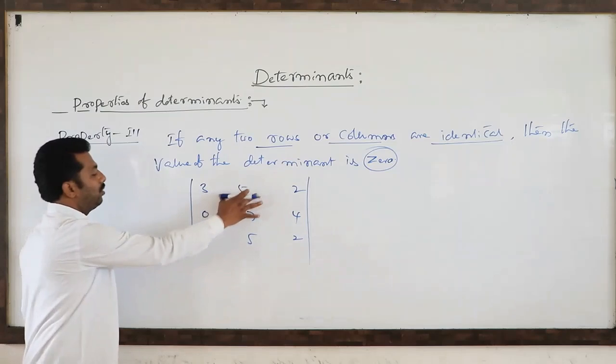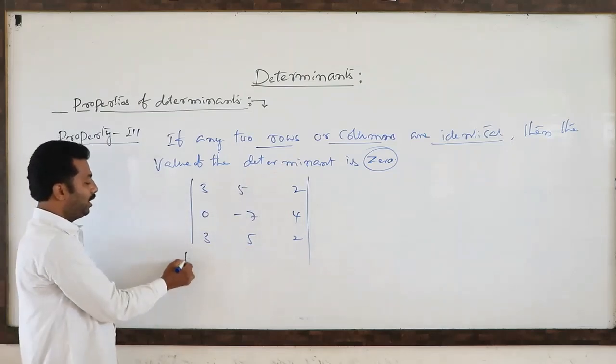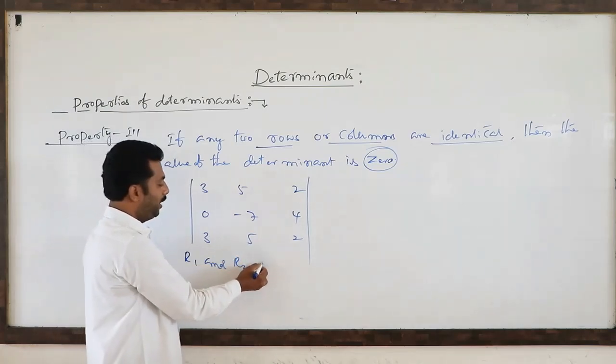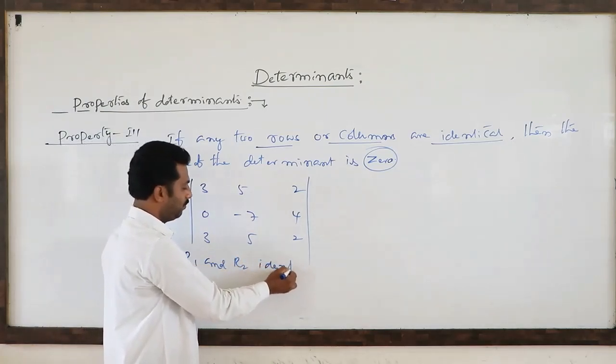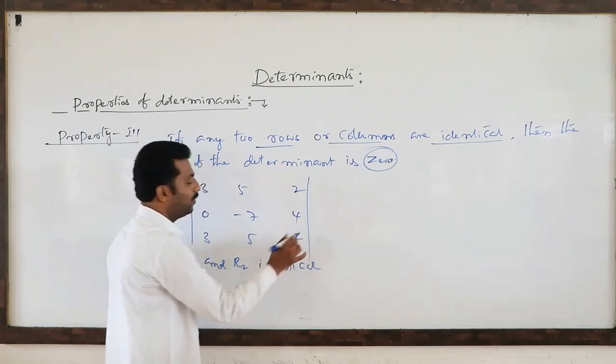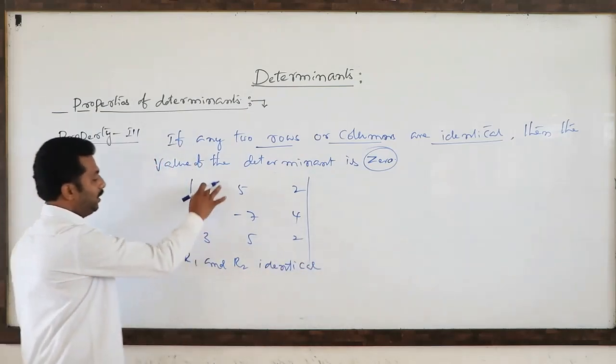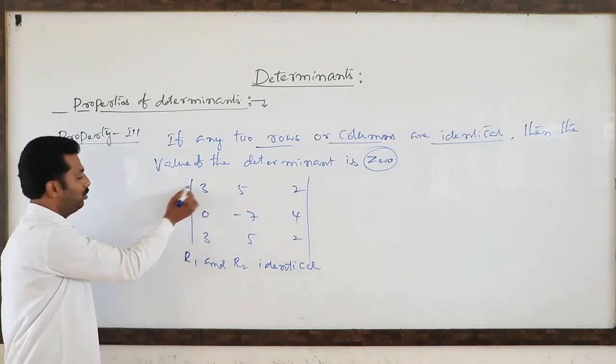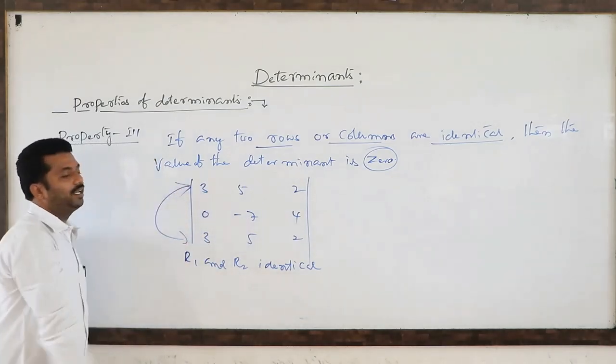This is the R1 row, this is the R3 row. R1 and R3 are identical. See, 3 and 3, 5 and 5, 2 and 2. Corresponding elements are the same, no? So these two are identical.